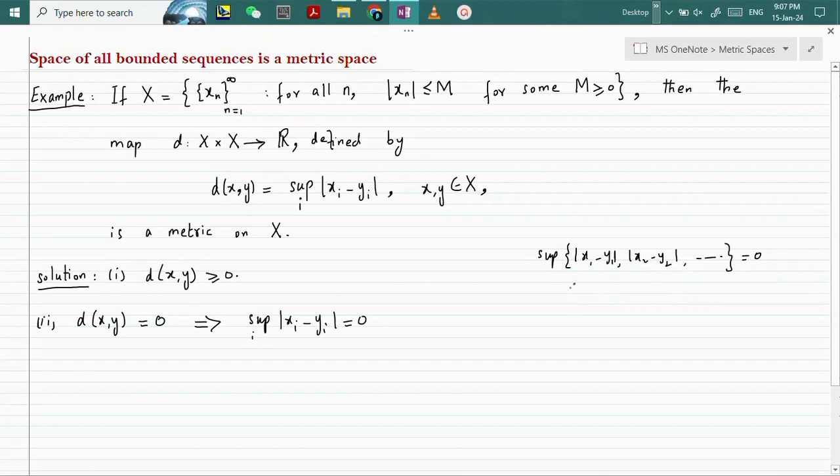So if the supremum is equal to 0, it means that each modulus is equal to 0.